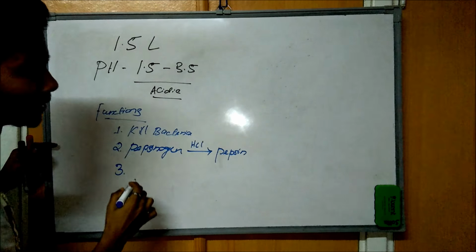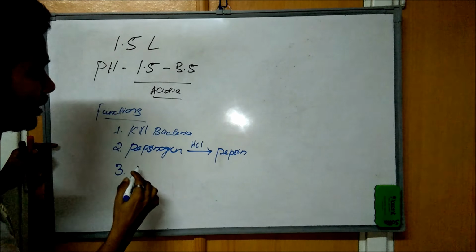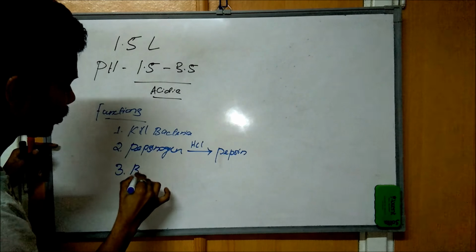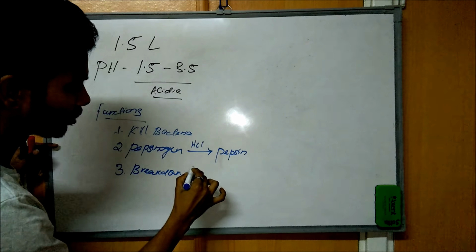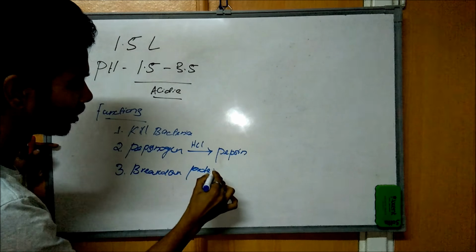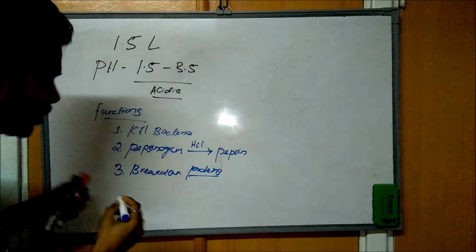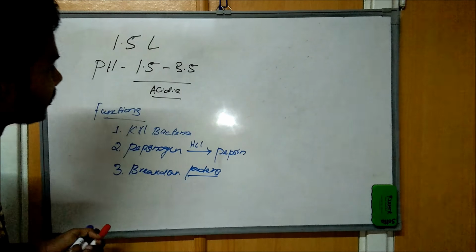And the third, main function of the HCl is the breakdown of proteins; it is used to digest proteins and amino acids.